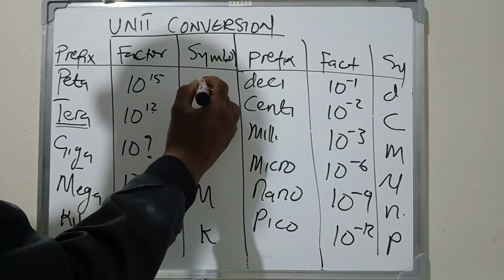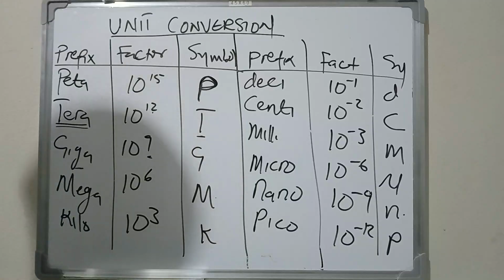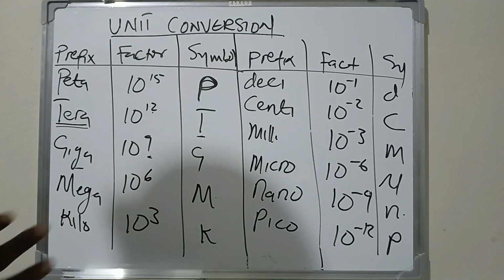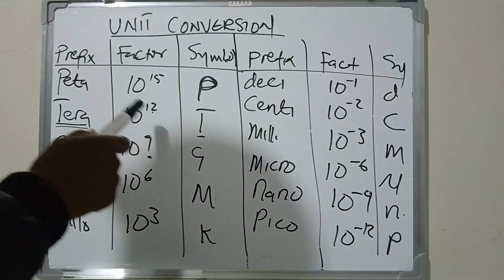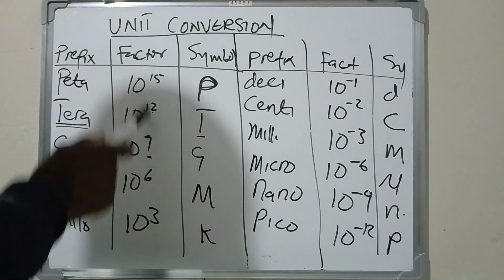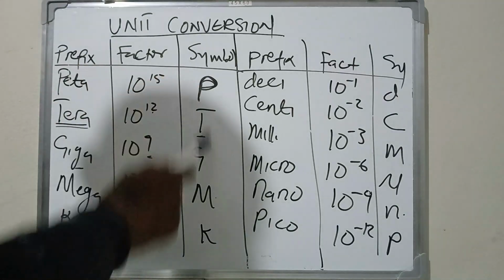This is different from peta, which is capital P. There are others, they go up to 18, they go up to 24, but from a subject point of view, it's very important for you to know these multiplication factors, the prefixes, and the symbols.